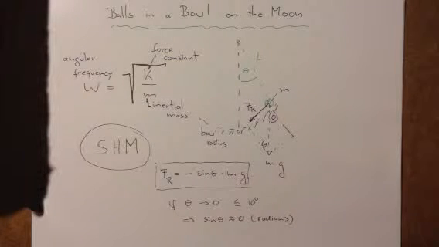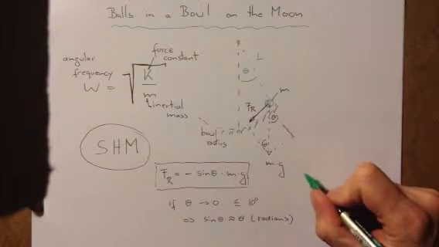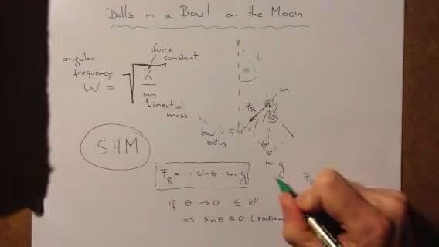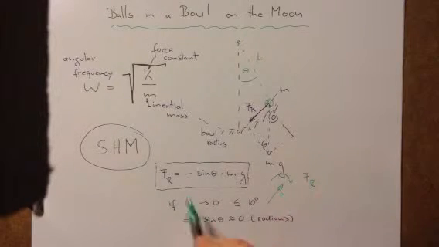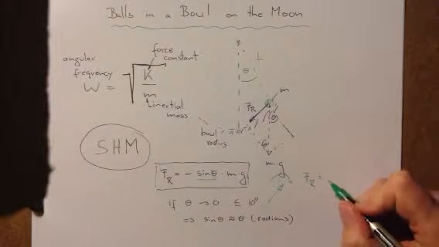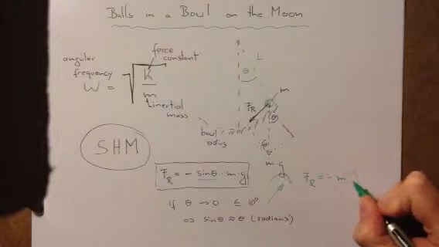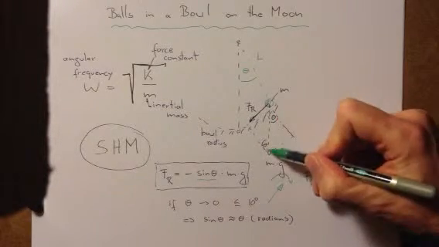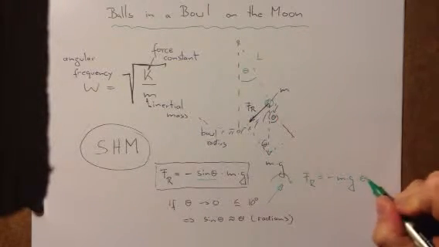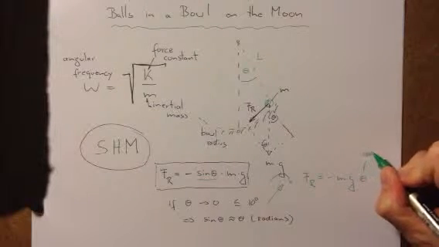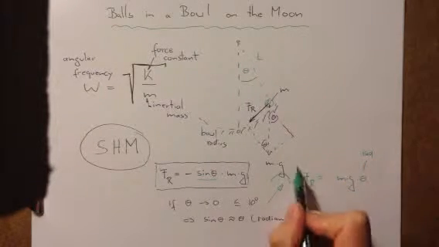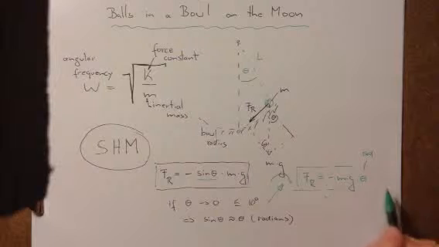And with that approximation, we can simplify our equation. We can get rid of the sine function in there and write the restoring force Fr is equal to minus mg, the gravitational force, times theta in radians. That is the crucial equation.